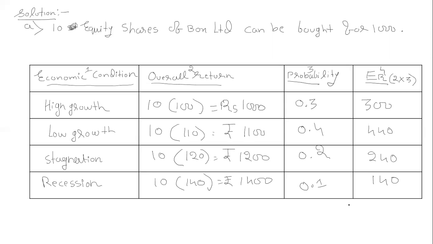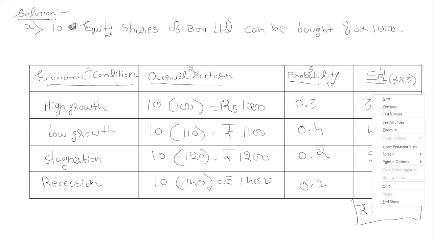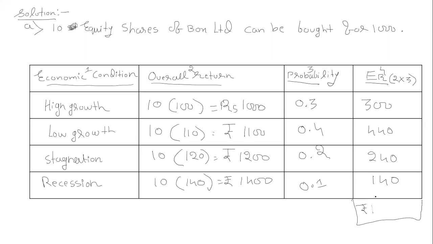So the expected return, if we calculate by adding all this, will be rupees 1120. So the expected return for Box Limited, if you are investing 1000 rupees, is 1120.